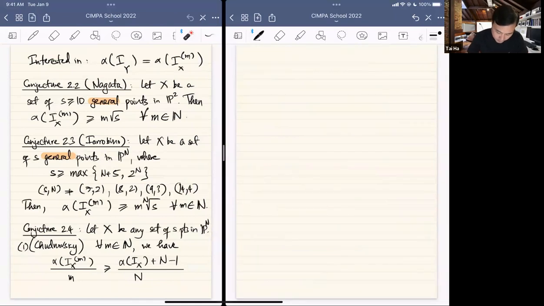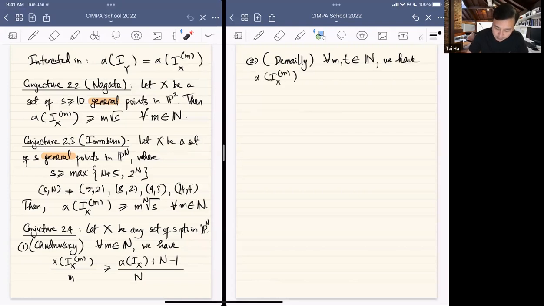And then a few years later, this conjecture was generalized by Demailly, and he conjectured that for all m and t positive integers, the left-hand side is still the same, alpha of the m-th symbolic power of I of X divided by m.